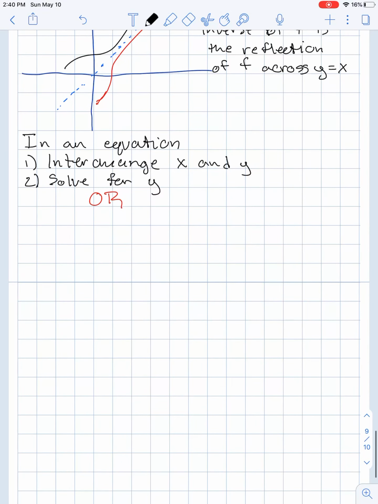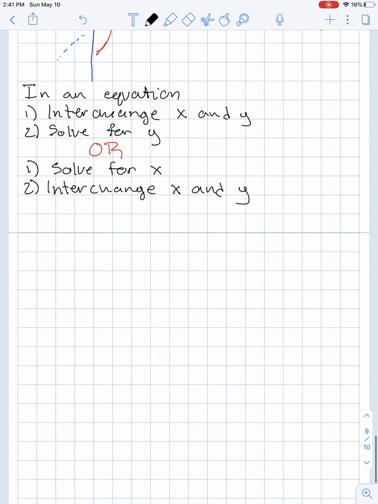Or we solve for x and then interchange x and y. Interchange kind of means like we're going to switch them.